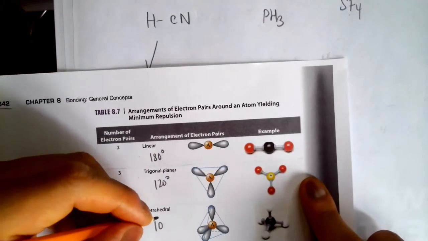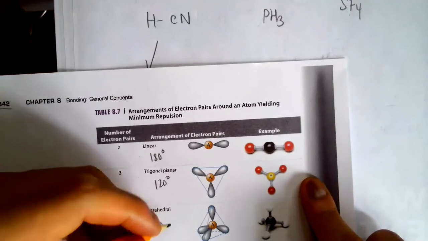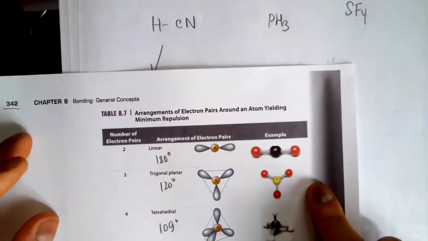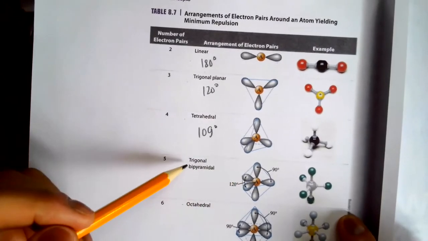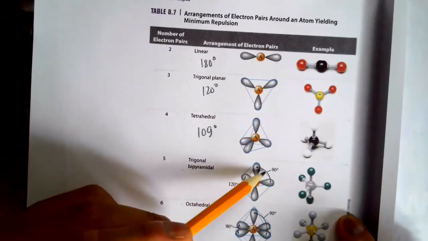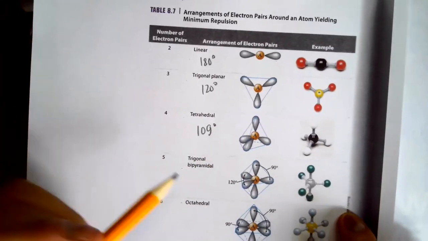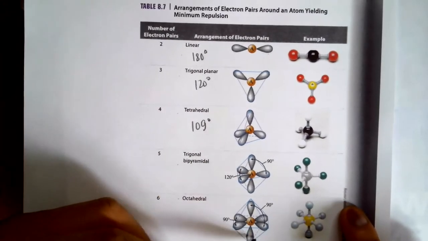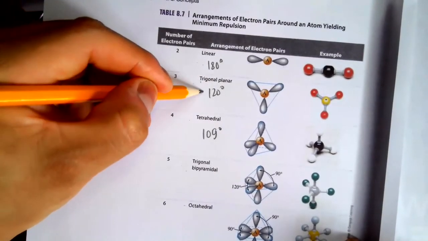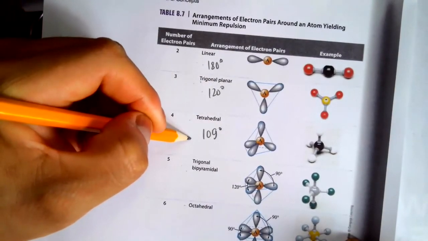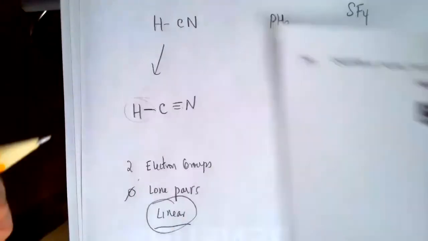Tetrahedral is 104, oh no, 109 degrees. Here it tells you a combination, 120 for trigonal bipyramidal, and then 90 degrees for the perpendicular. And octahedral is 90, 90, 90, a perfect 90, right? So here are some angles, but the most important: linear 180, trigonal planar 120, and tetrahedral 109 degrees, angle separation, right?